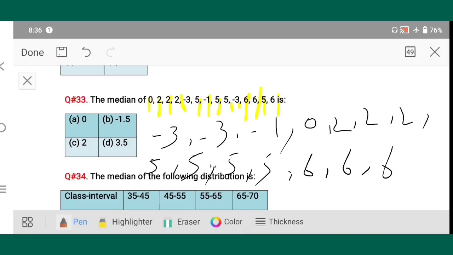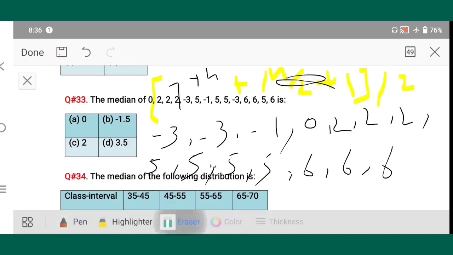So we know that when the number of observations is even, then we can find the median like this: n by 2 th observation plus n by 2 plus 1th observation, divided by 2. Here n by 2 means 14 divided by 2, which gives the 7th observation, and 14 divided by 2 plus 1 gives 8.